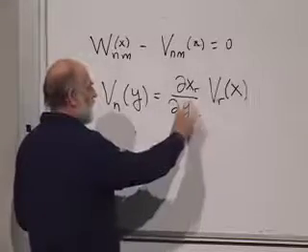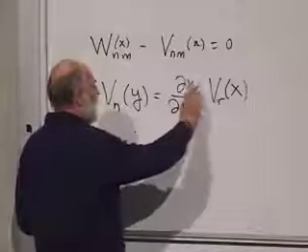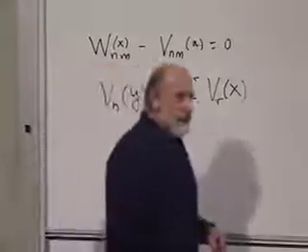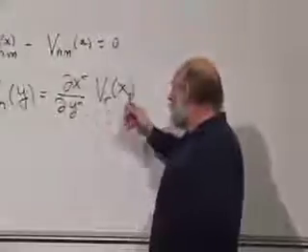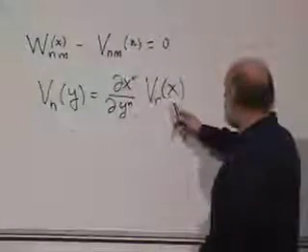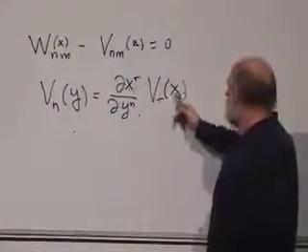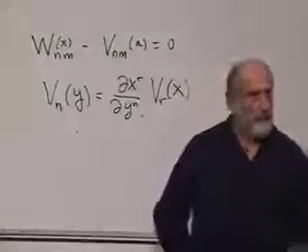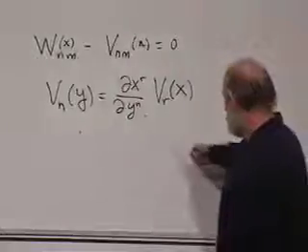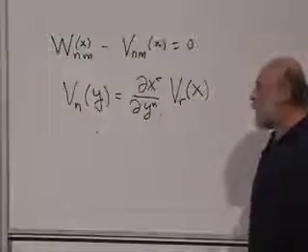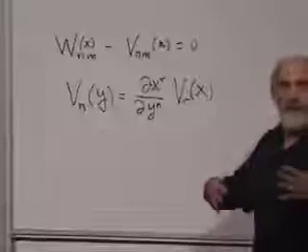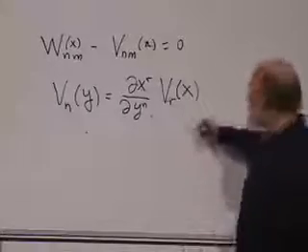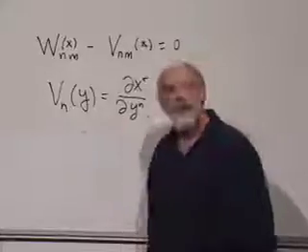Whoops, put the n, r. All right, so now it's quite easy. If all of the components, not just one of the components, but if all of the components of V in x are equal to 0, then all of the components of V in y are equal to 0, obviously, just from this equation here. If all of the components of V are equal to 0, in other words, if V is a vector which is equal to 0, then its components are 0 either in the y coordinates or the x coordinates.